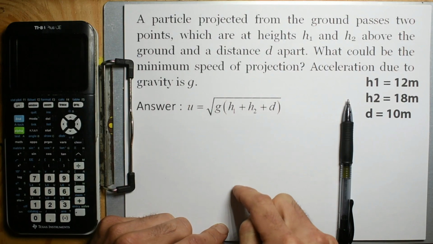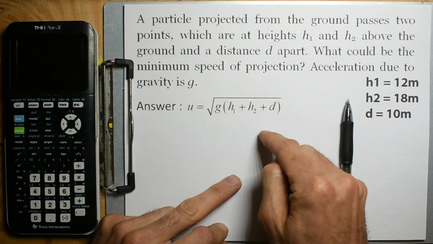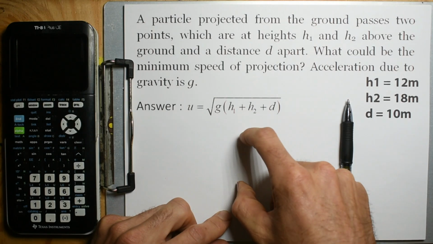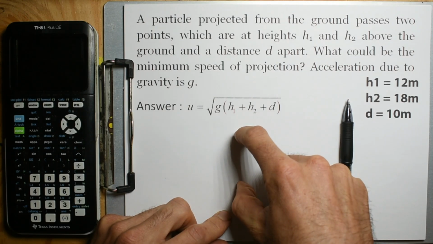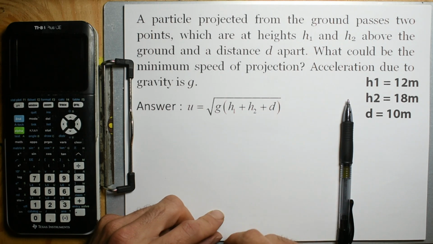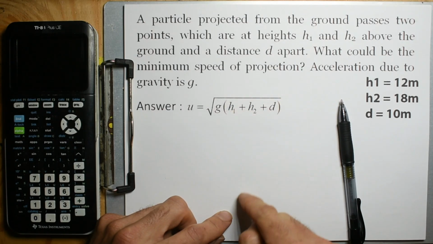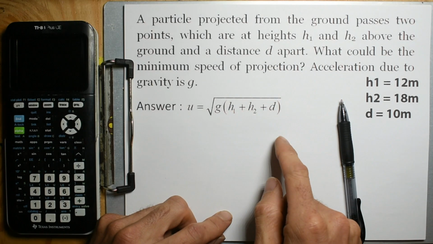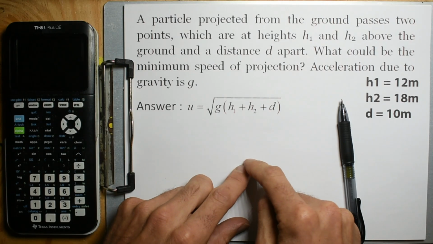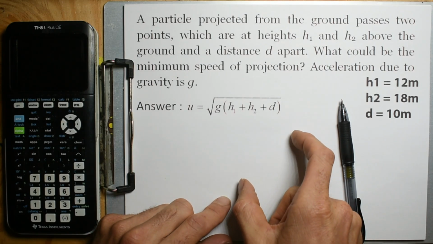So when I hit 12, let's say I just angle it a touch, I'm going to hit 12 and then 18 maybe just at the top and then come down, and I'm getting a little bit more distance. So maybe instead of 6, now I'm at 8, and at some point that angle is going to be such that it hits through 12, and it's going to hit through 18, and it's going to have a distance of 10 meters.